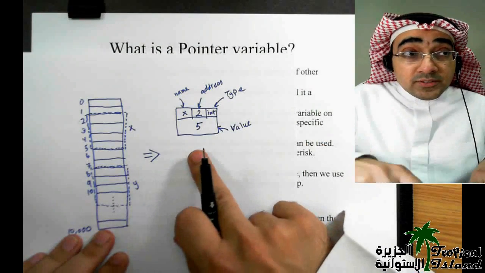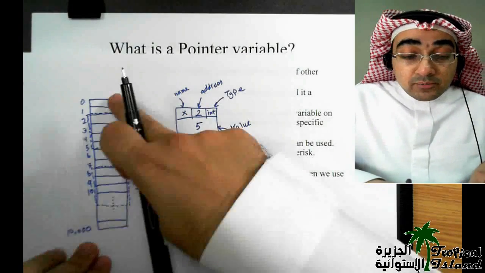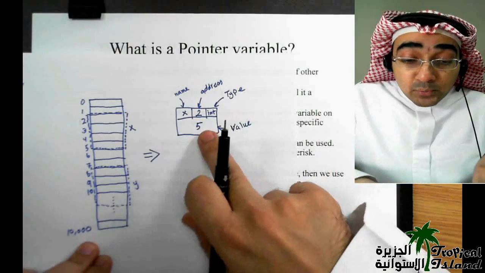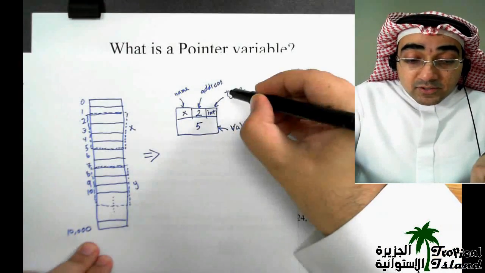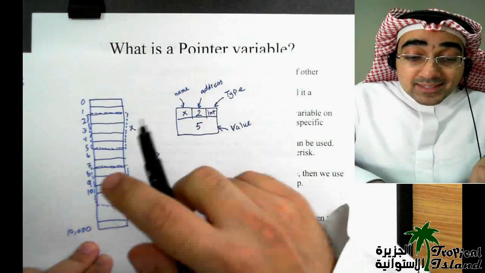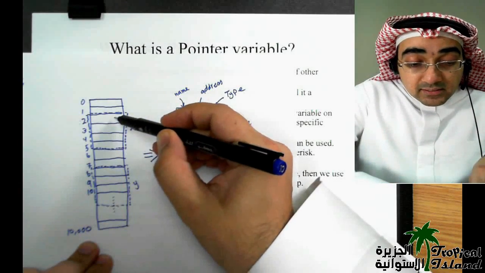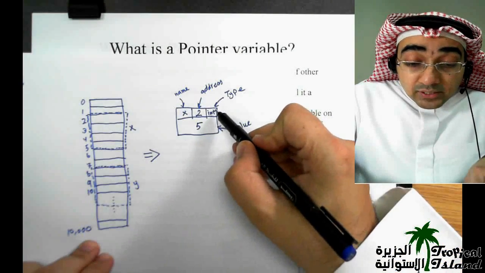Okay, so this is a way of representing a memory. This is not your actual memory. Your actual memory is the earlier way, but we are going to represent the memory this way. We're going to put the name of the variable here, the address of the variable here, and the type. So whenever I want to know where x is, I know it's at the second index in the memory, so I can go to the second index in the memory and find the 4 consecutive bytes over here that are for x. And how do I know it's 4 consecutive bytes?